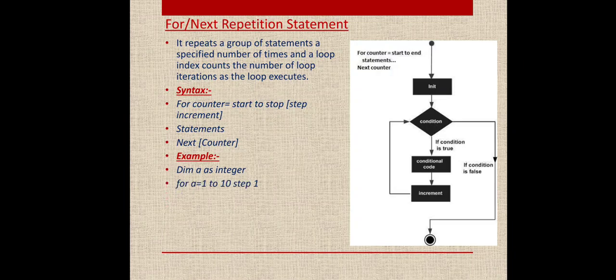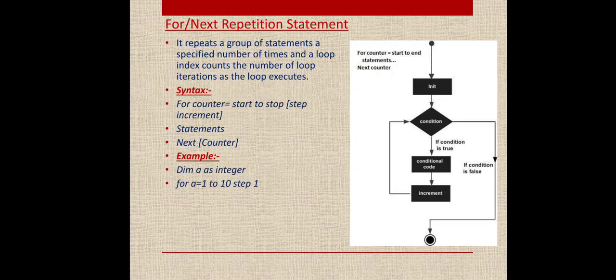If we write step 3, the variable will be incremented by 3. So For a equal to 1 means the starting position, to 10 means the stop position as seen in the syntax, and step increment means how much you need to increment it, by 1, by 2 or by 3.